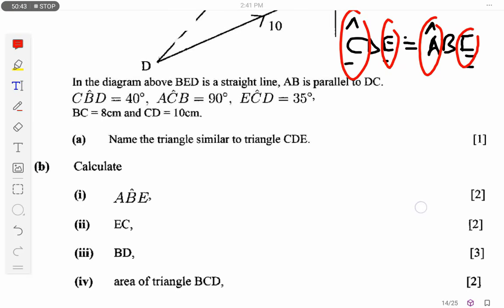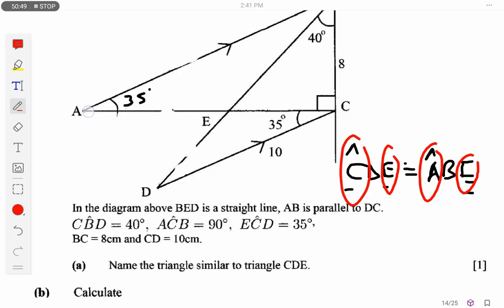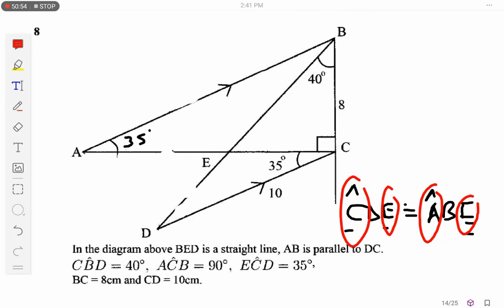Now they are saying after that, calculate angle ABE. Where is our A? Where's our B? Okay, B is up there. A, B, E. We want this angle there. Basically, this is a triangle, and here I have 35, here I've got 90, and here I've got 40.